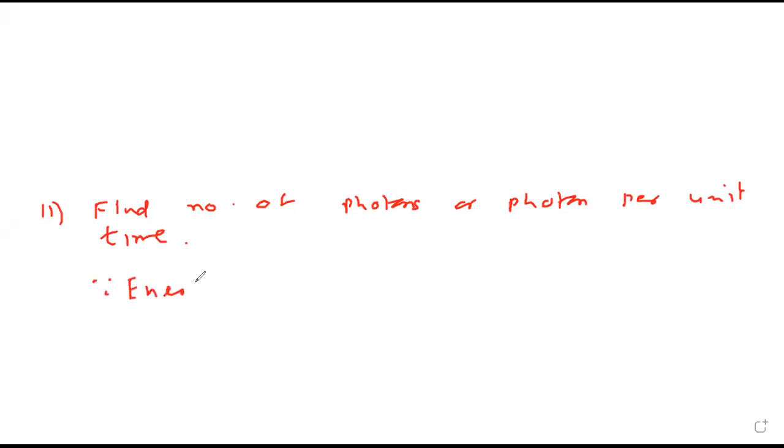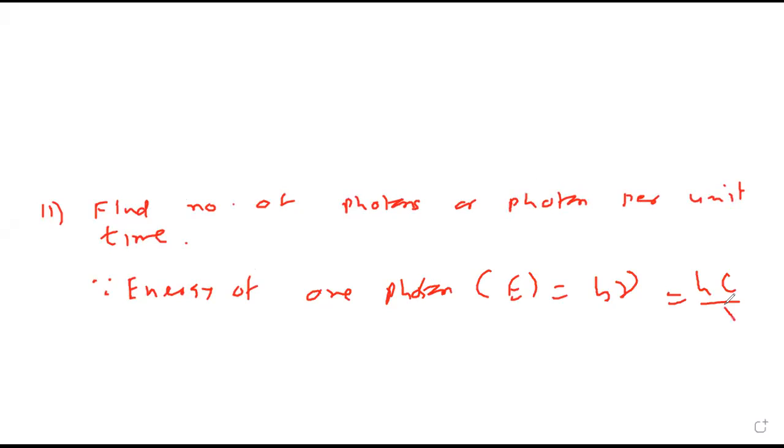What is energy of one photon? Anybody knows energy of one photon? h into frequency, or hc by lambda. So what will be energy of n photons? Can I say n times h nu?